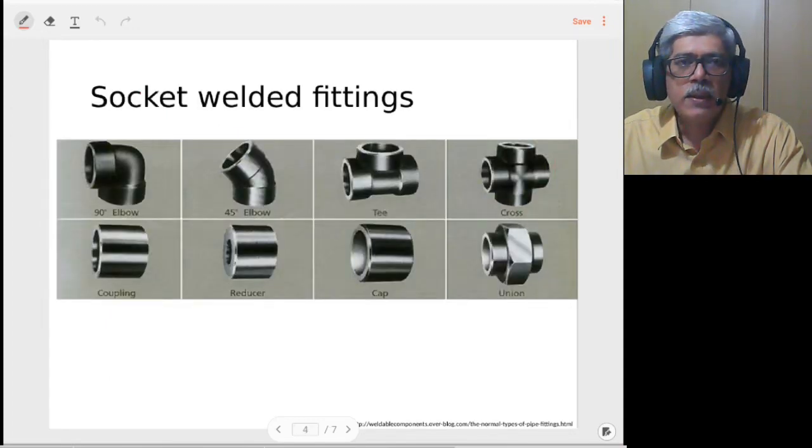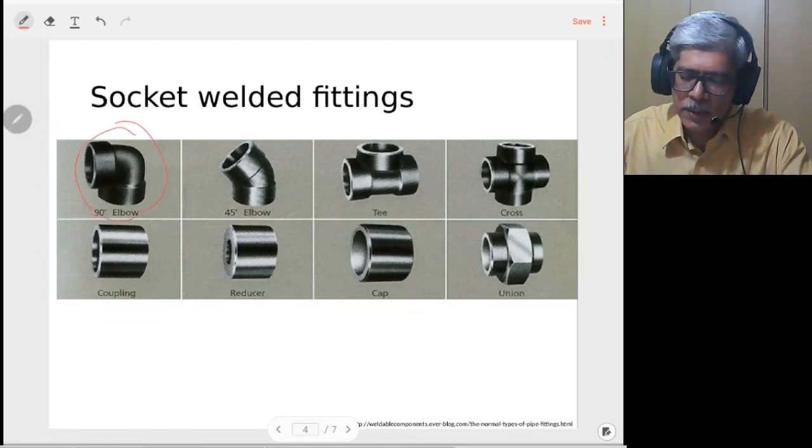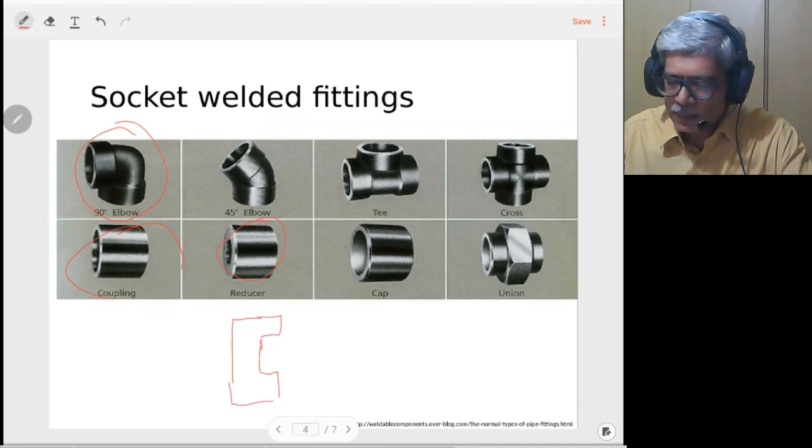So here we will see the socket welded fittings. You will see the elbows, the couplings, reducers. Here, for example, if you take this reducer and cut it, it will have a section which will be something like this.